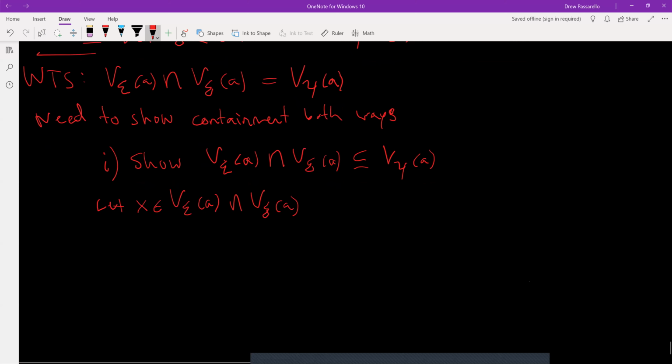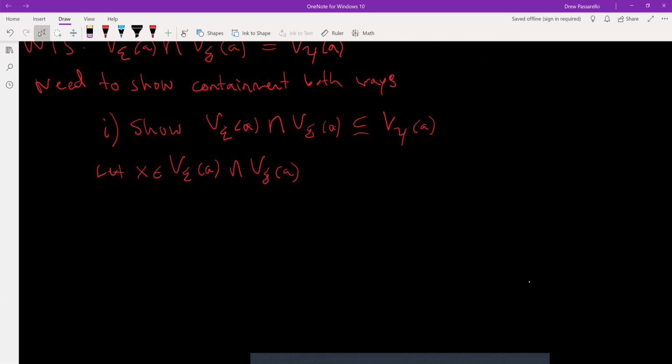Then we know the absolute value of x minus a is less than epsilon, since x is in the epsilon neighborhood, and the absolute value of x minus a is less than delta, since x is in the delta neighborhood.